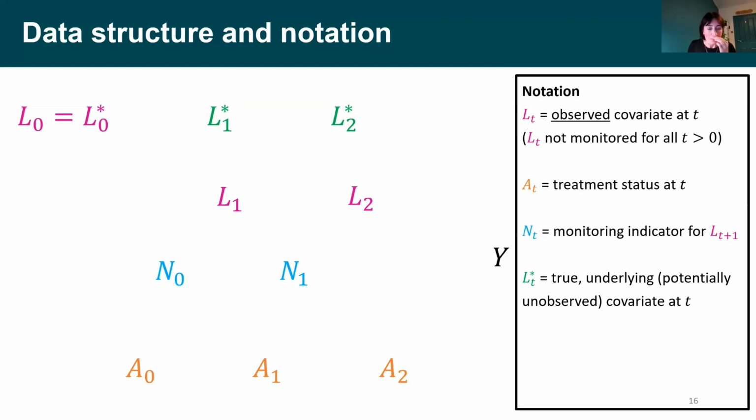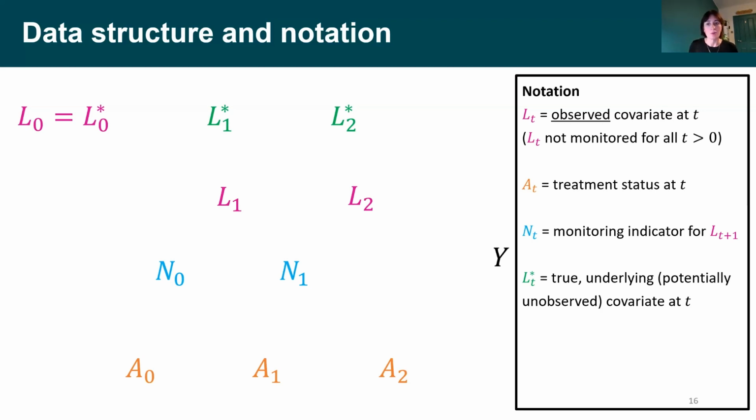And then I'll introduce here a new variable, N subscript T, which is a binary variable representing the decision to monitor LT at the next time point. And as well as the observed covariate L, we also assume that there's a true and underlying covariate L star, which is sometimes unobserved.